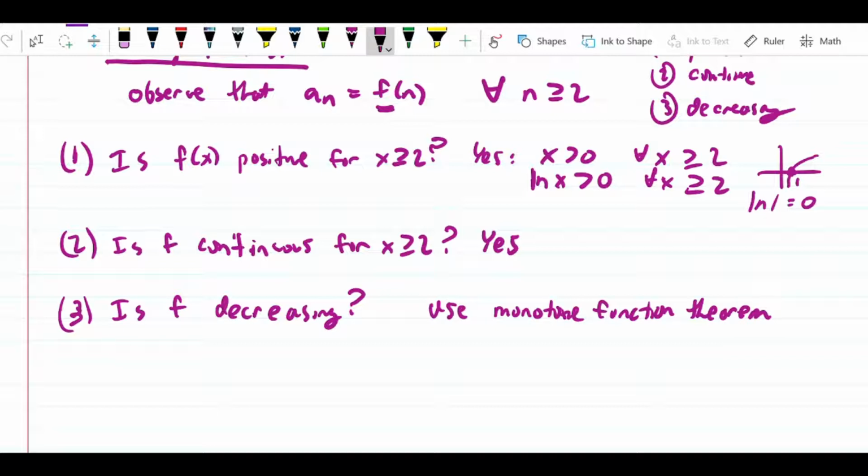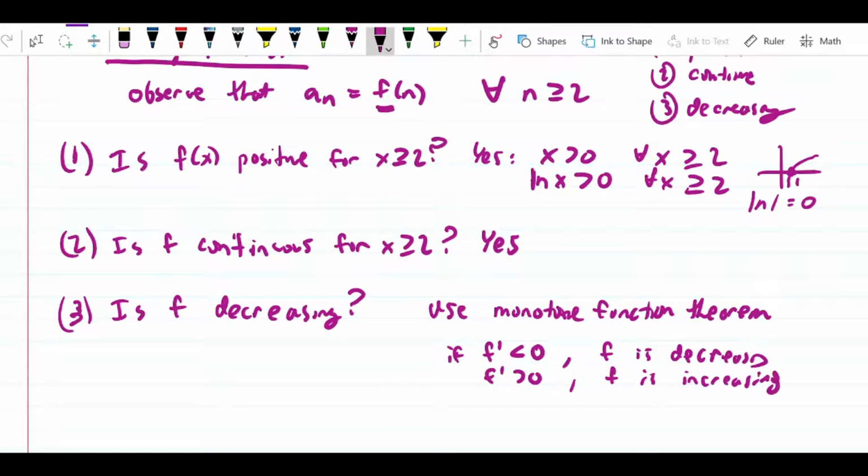You're going to say, wait, I never heard of the monotone function theorem. As soon as I say what it says, you're going to remember it. It says that if f prime is less than 0, then f is decreasing. And if f prime is greater than 0, then f is increasing.